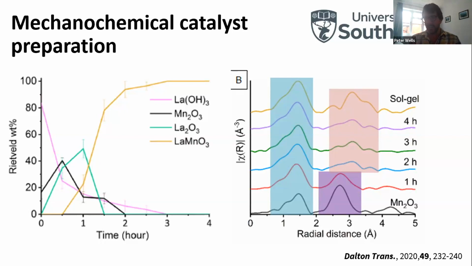And you can see, yes, from about 2 hours, your XAFS data begins to resemble that pure phase material, but it never reaches the same pattern. So whatever you have, it's not a completely pure crystalline lanthanum manganese oxide. So the sample that you prepare mechanochemically is structurally more diverse.